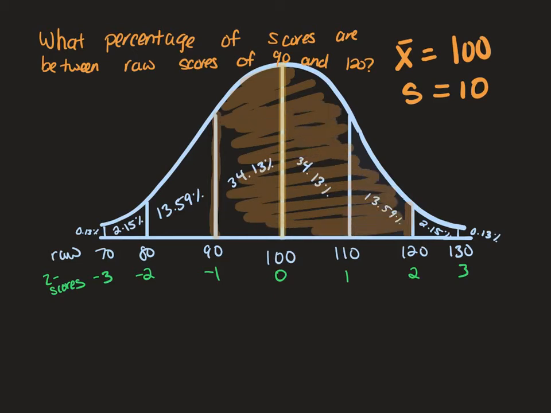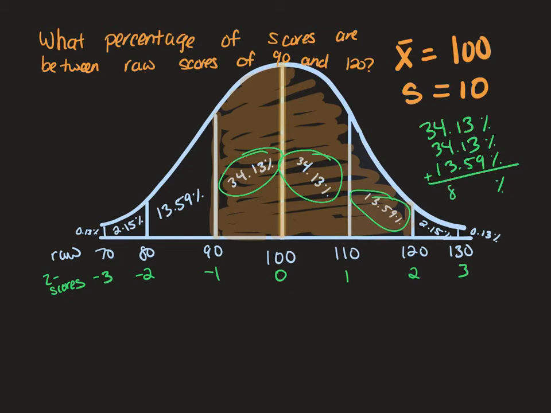When I've sketched and shaded, I can see that this area is going to be a pretty large segment of my graph. Now I can easily identify what percentages I need to use. I've got this segment here of 34.13, another such segment of 34.13, and this last segment of 13.59. So to find the total percent, I simply need to add these up.